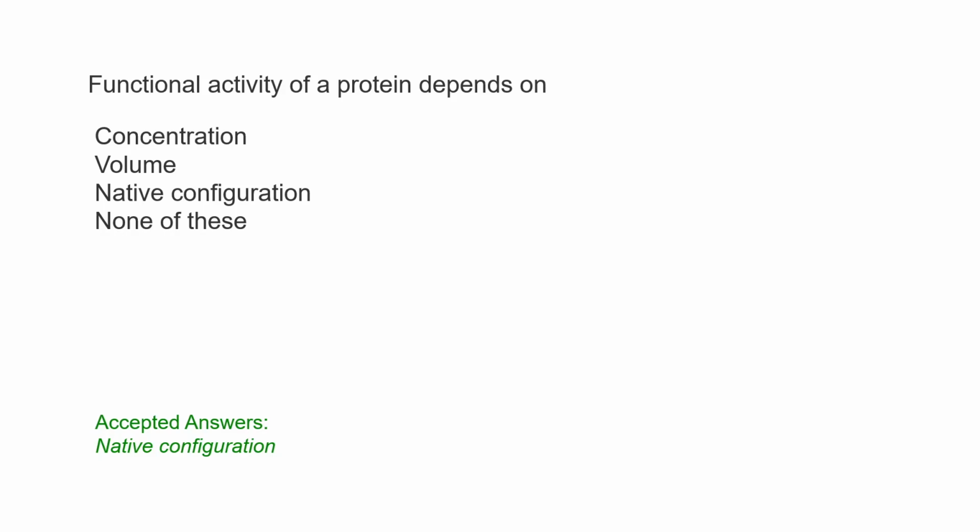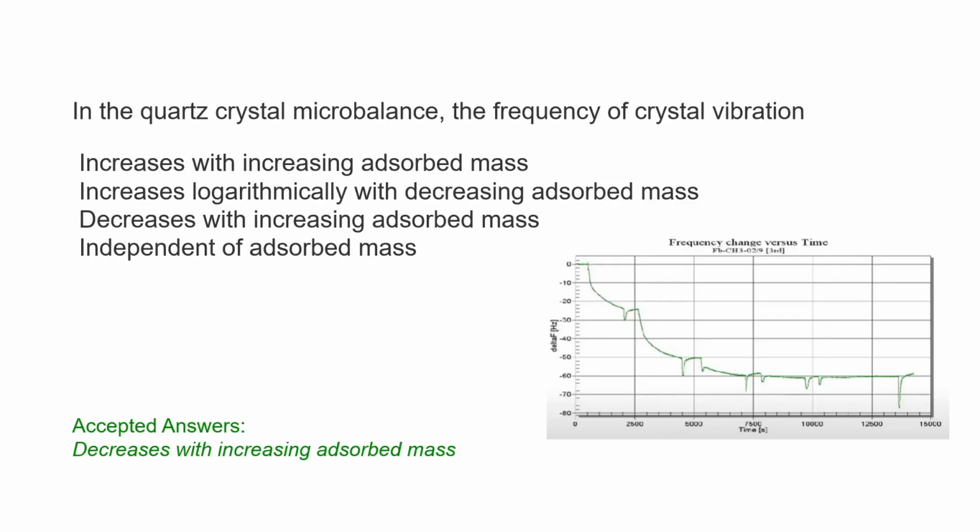Here the correct answer would be the native configuration. In the native configuration, the protein is folded in such a way that it can bind to its active site and start its function. So the native configuration is essential for the functional activity of the protein.